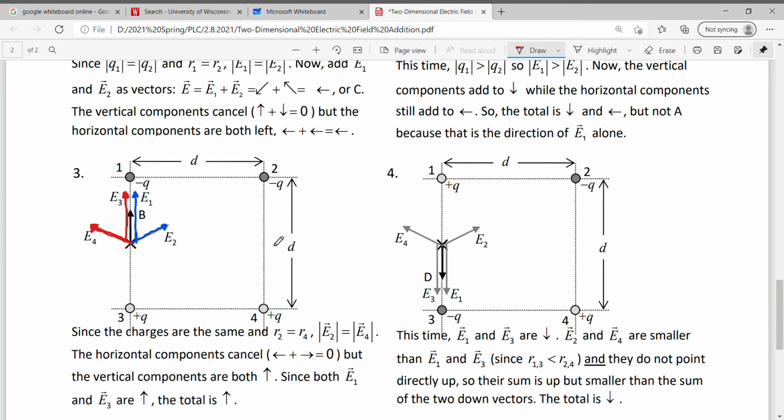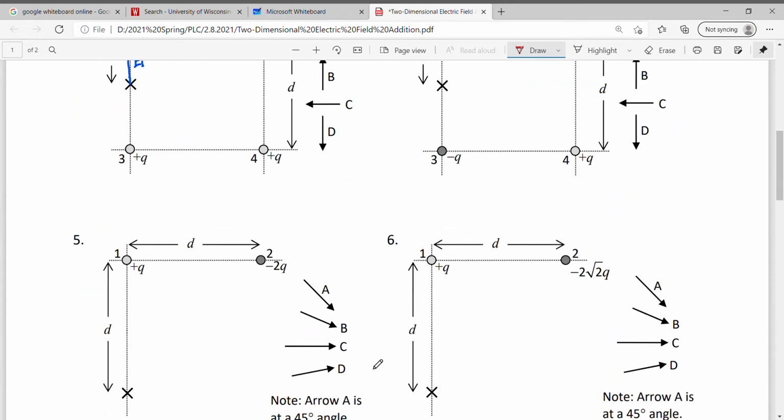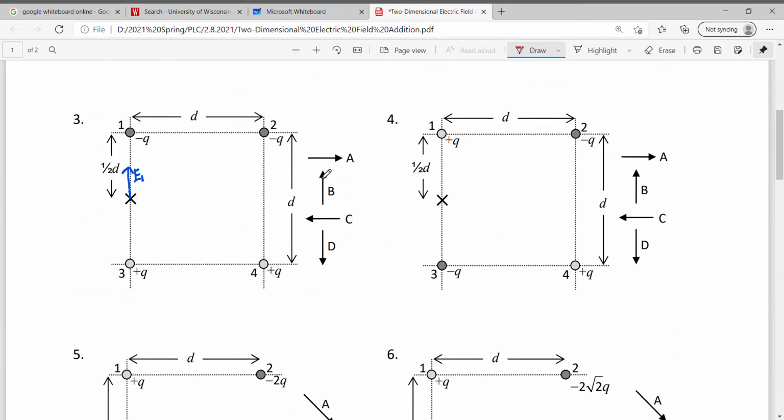Okay. Therefore, the answer of problem 3 is pointing up.